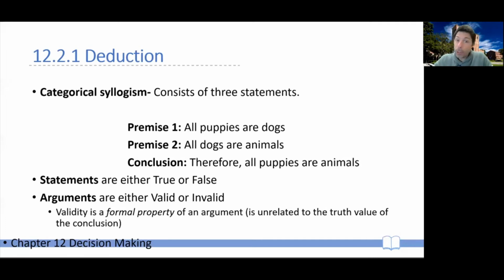Indeed, I could actually change puppies and dogs to something completely meaningless. For example, I could change the argument to: all crafts are gibbosity, all gibbosity are nuums, therefore all crafts are nuums. And now these are words I made up. So although I have no idea whatsoever about what any of this means, you know that the conclusion has to be the case.